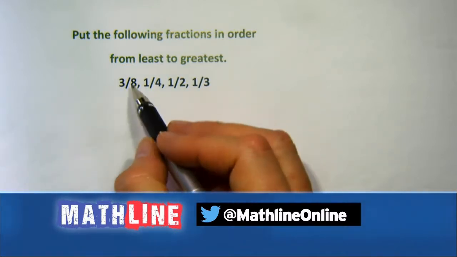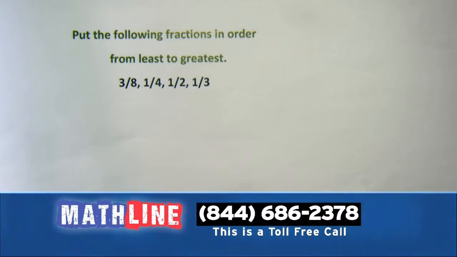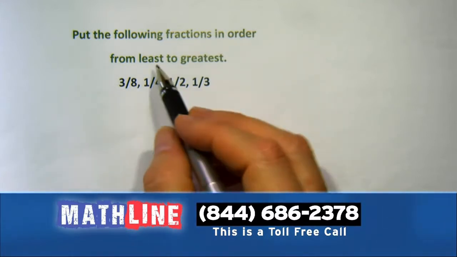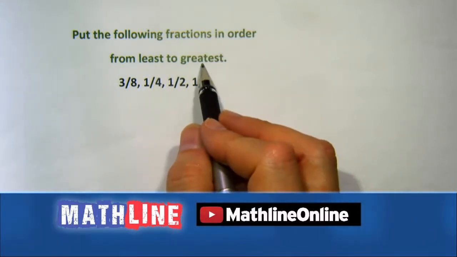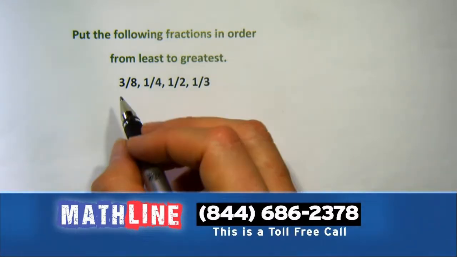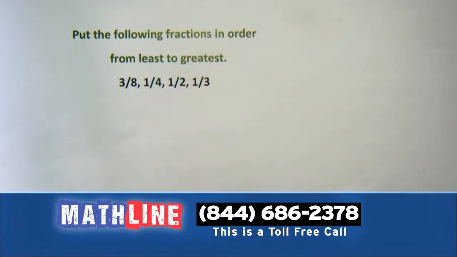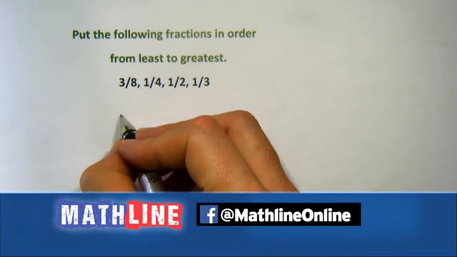The idea on these is to think of where they are in respect to each other, to figure out which is the smallest and take it out to the one that's the greatest in value. So we have 3/8, 1/4, 1/2, and 1/3. Let's play it out.